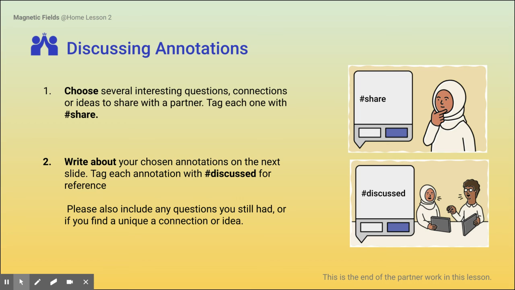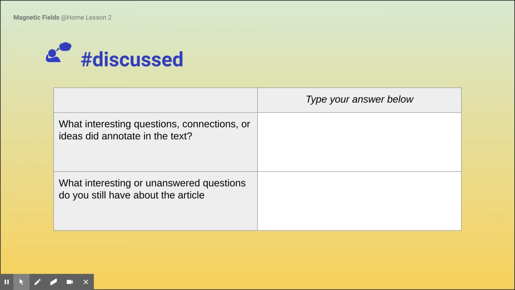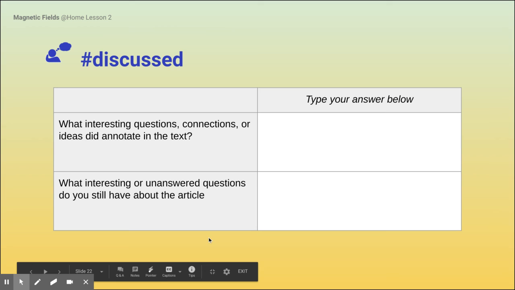Tag each annotation with #discussed for reference. Please also include any questions you still have, or if you find any unique connections or ideas. And when you are done, you're going to write your interesting questions, connections, or ideas in this one and our #discussed. And then you are going to write what interesting or unanswered questions you still have about the article.